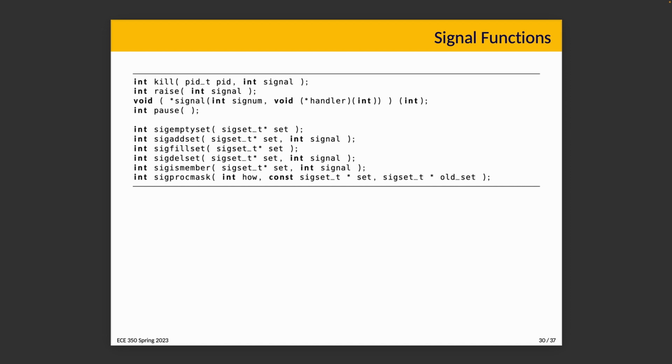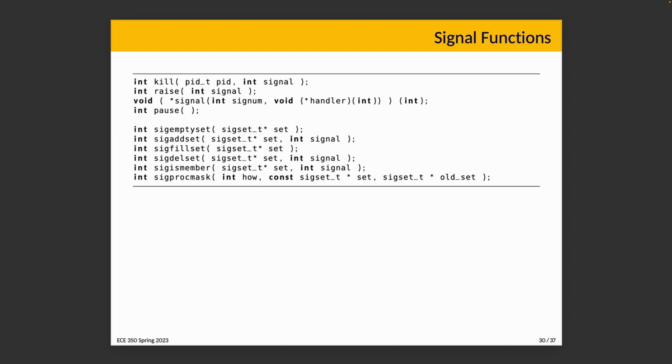And then pause just pauses the current thread until any signal has been delivered, which is a way of waiting for something to happen. Although we learned later on much better ways of waiting for things to happen using things like semaphores. Just calling pause probably doesn't work as reliably as using an actual concurrency control construct.